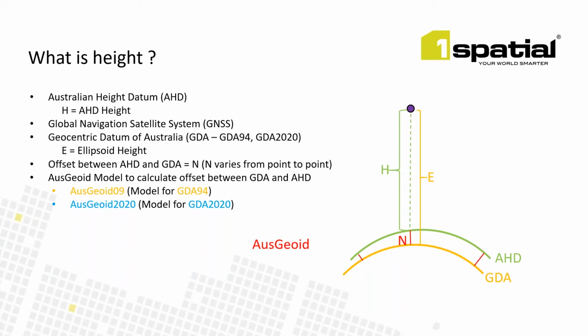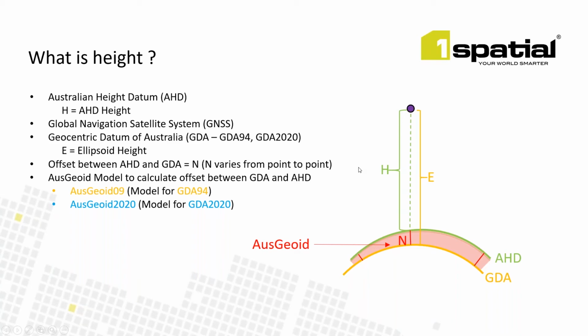For that, we use the geoid as the solution. The geoid is a model that we can use to convert ellipsoidal height to AHD height and vice versa. So we can apply this geoid model at any point to calculate this offset between the ellipsoidal height and the AHD height.